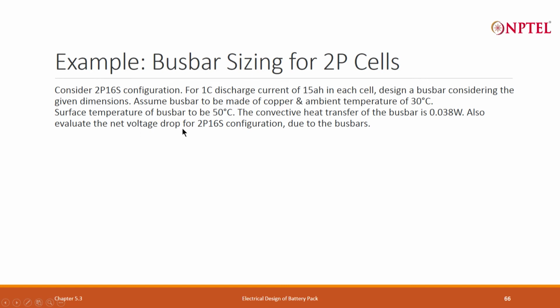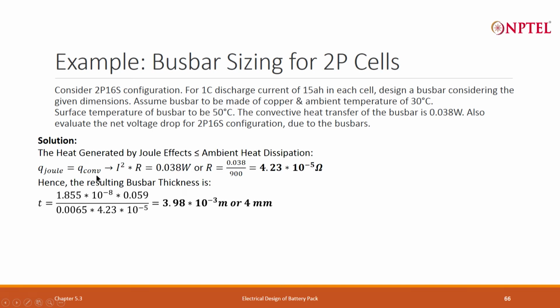Also evaluate the net voltage drop for the 2p16s configuration due to the bus bar. Now, the solution: heat generated by Joule effect should always be less than the ambient heat dissipation, what heat we can dissipate, and from there you get the resistance value equal to 4.23 x 10^-5 ohm.